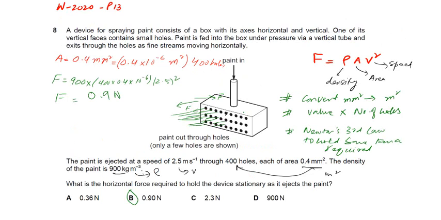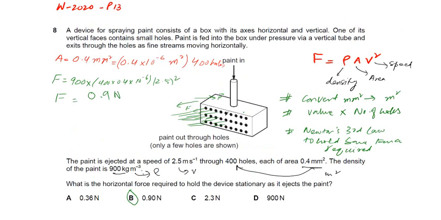The difficulty level is a little bit harder. The force with which the liquid is coming out from the holes, the same force must be applied in order to make this stationary. So let's work it out.